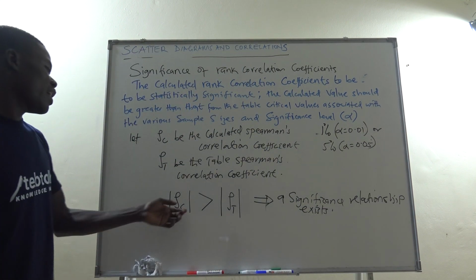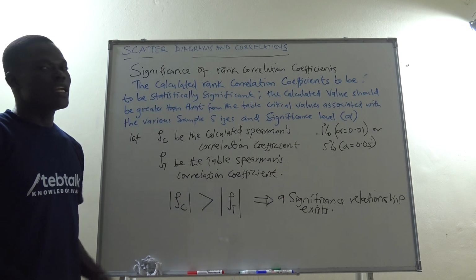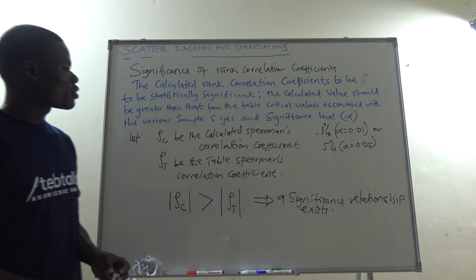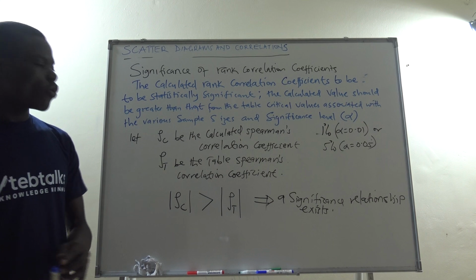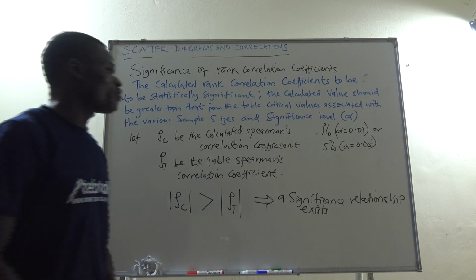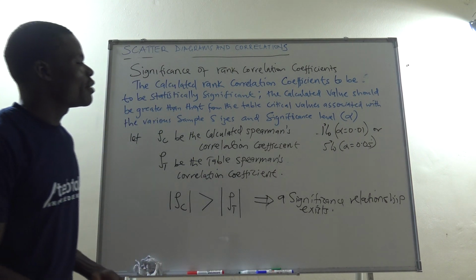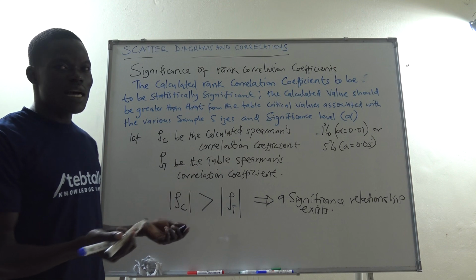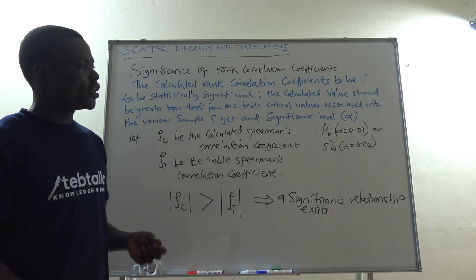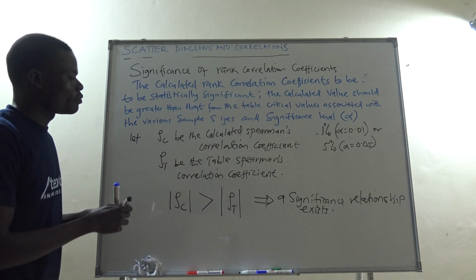That's when the calculated rank correlation coefficient is greater than the table Spearman's rank correlation coefficient, or the given one, which we have said can be 1% or 5%. Otherwise they can give you other levels of significance, but just compare those two.